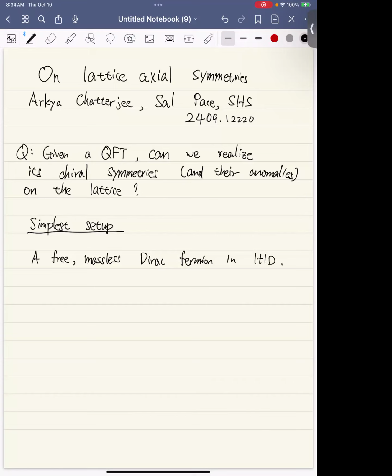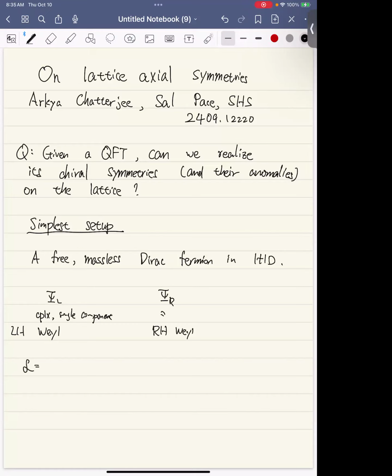Let me quickly remind you, usually I would write the Dirac action in terms of gamma matrices. But since I think this is a string theory audience, I can use the Majorana-Weyl notation. So a Dirac fermion in 1+1D is made out of a complex single component fermion, a left-handed fermion plus a right-handed fermion.